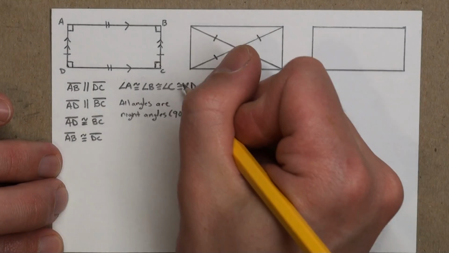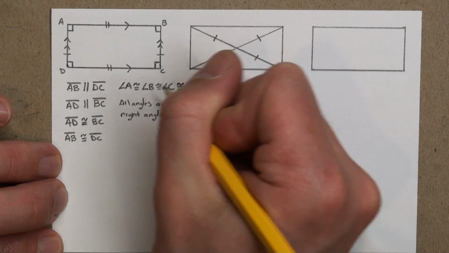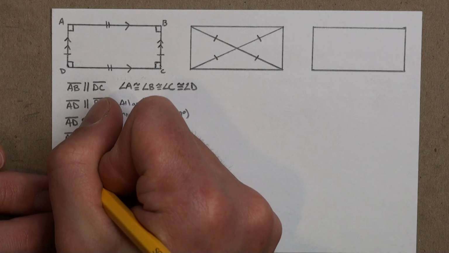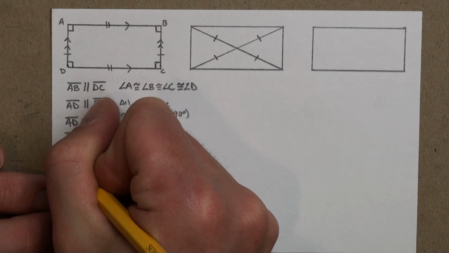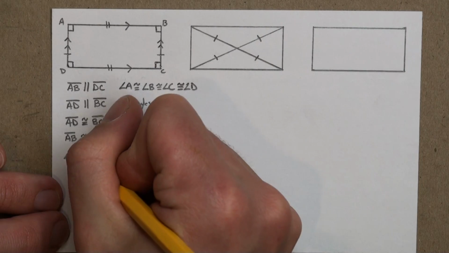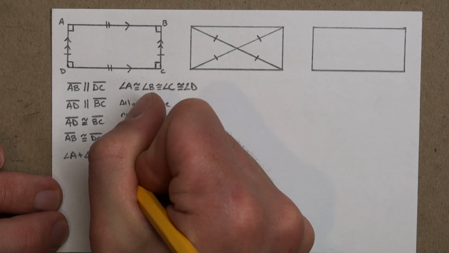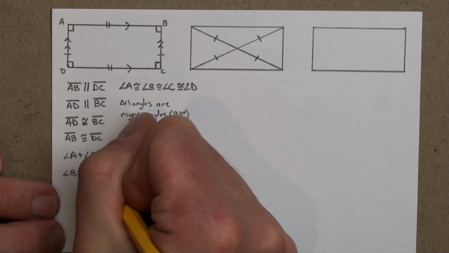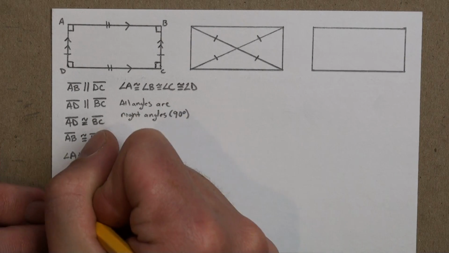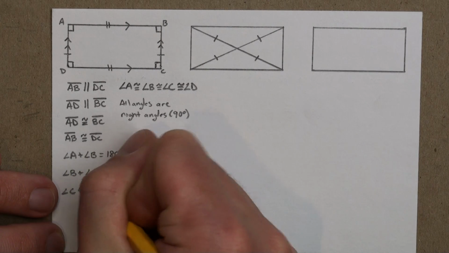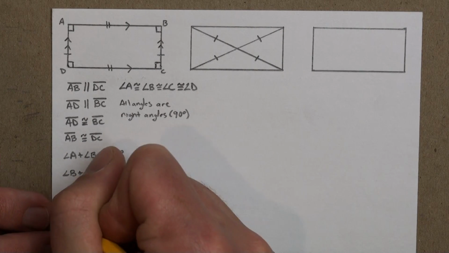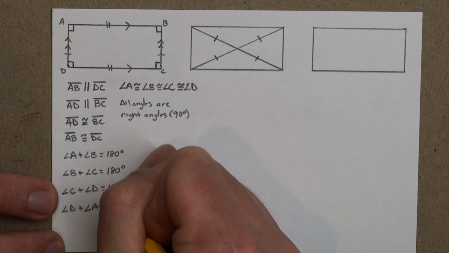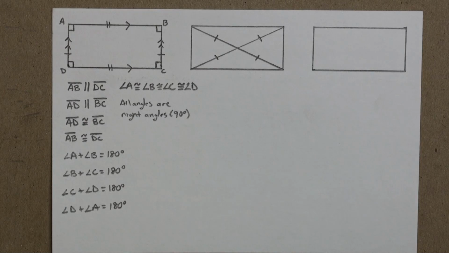They're all congruent because they're all right angles. And we know that the consecutive angles add up to 180. So angle A plus angle B equals 180. Angle B plus angle C is 180. Angle C plus angle D is 180. And angle D plus angle A is also 180.